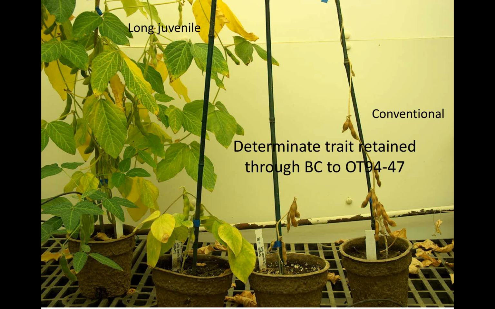And when I see this dwarf determinate type in the field, that essentially means that it's a little e1, either one of the two versions of little e1, combined with dt1. So does this suggest that though the functional E1 was retained throughout the introgression, perhaps the big E1 is not needed for late flowering? I think that's a question that needs to be answered yet.